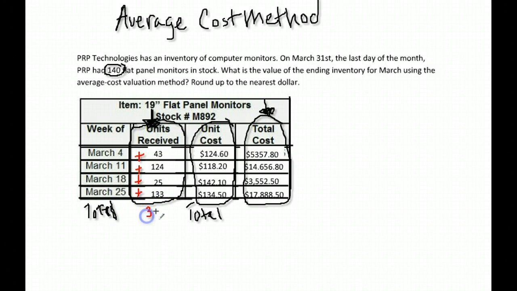That gives us 325 items total. So we purchased a total of 325 items. Now we need to total the costs. So they found the cost for each order. We need to total those together.